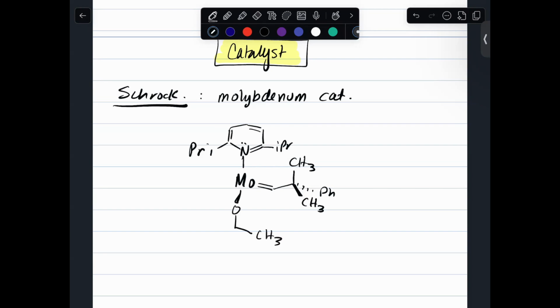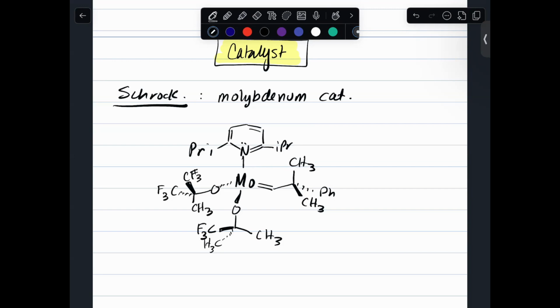So again, you don't have to know this catalyst. I just want to draw it out because they actually synthesized it themselves. His research group synthesized it themselves. And it's impressive that they were able to develop a catalyst that can do cross metathesis.